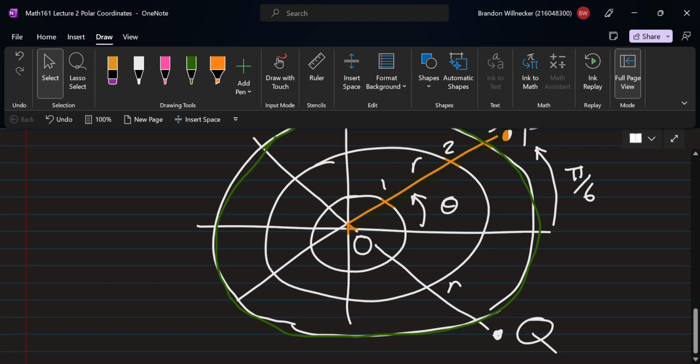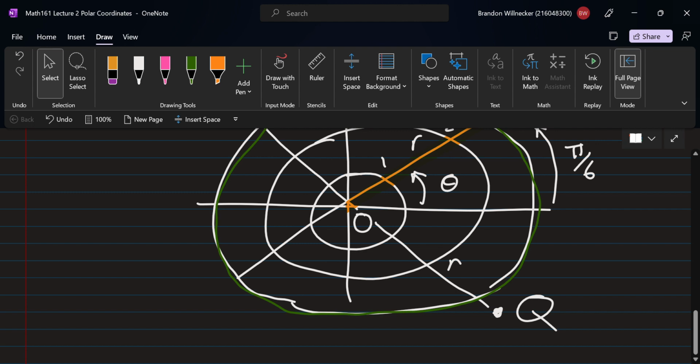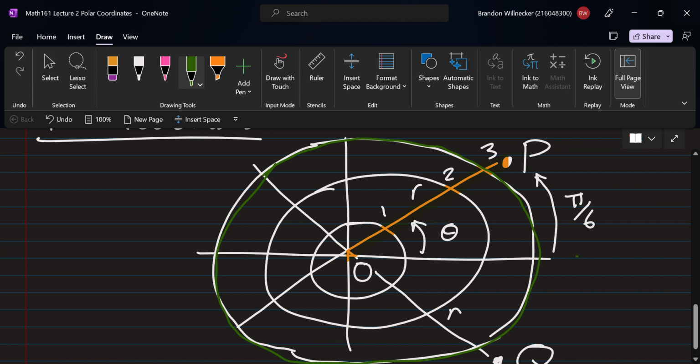Yeah, so this origin is the same as your Cartesian origin, that middle point where your y and x axes meet. We start here, at the positive x-axis, that will be 0, and then it goes around.